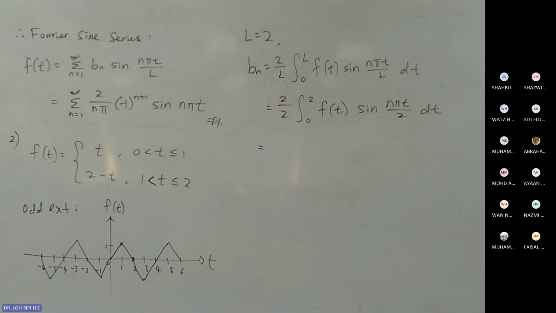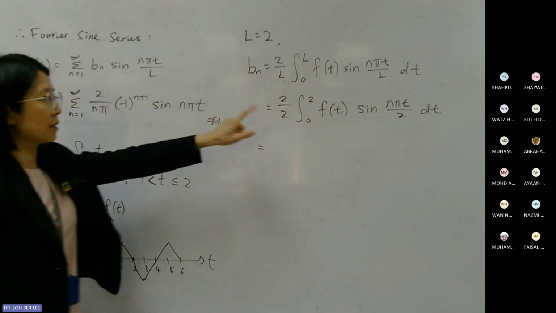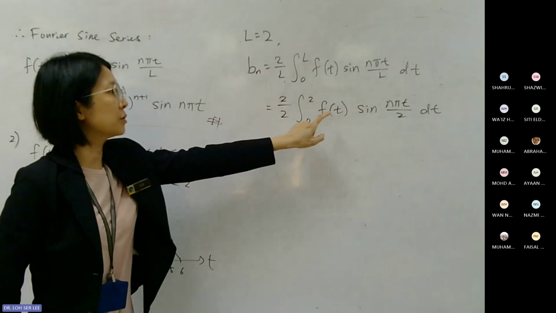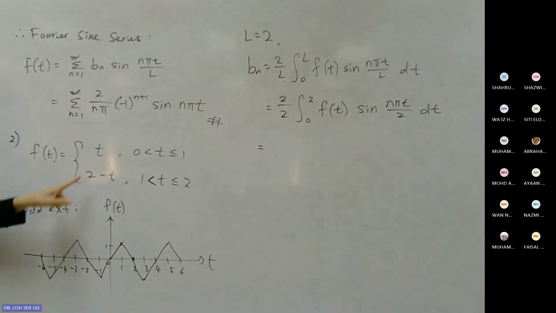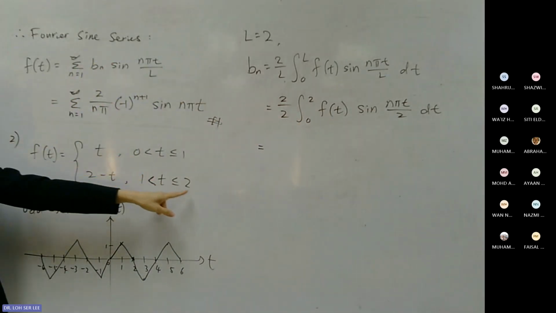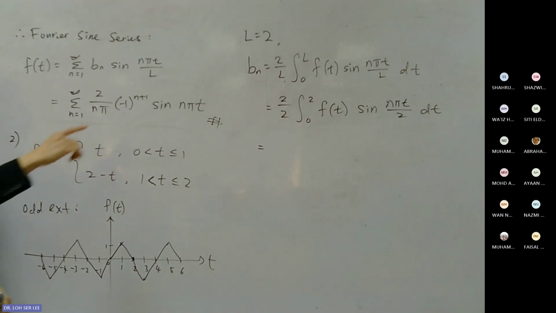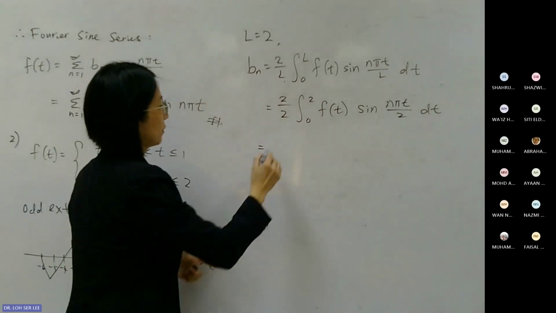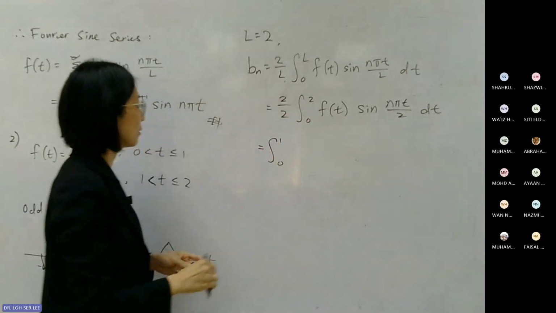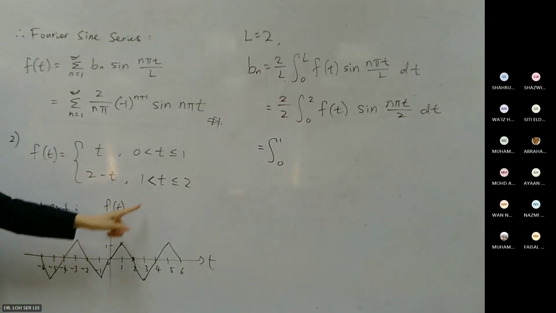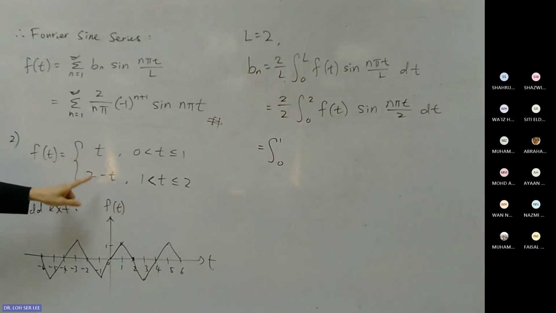Okay. So this interval from 0 up to 2, your f(t) are different from 0 up to 2. So you have to break this integration into 2. One from 0 to 1, another one from 1 to 2, because you have two different f(t) functions.